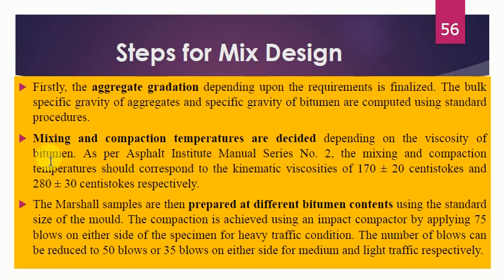After preparation of the specimen at mixing temperature, the compaction is achieved by using the impact compactor by applying 75 blows on each side, that is basically for heavy traffic condition. But for medium and light traffic conditions, the number of blows changes, that is 50 and 35. On both sides, you have to rotate the specimen and again apply the blows, say for heavier it is 75, for medium 50 and for low 35 blows.